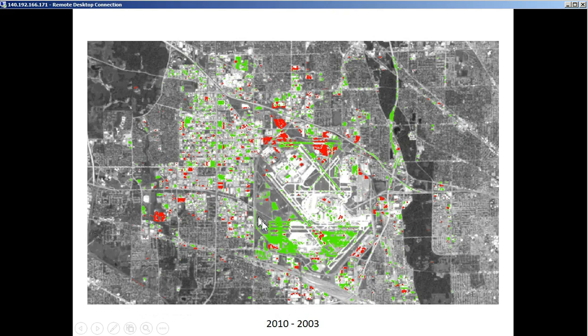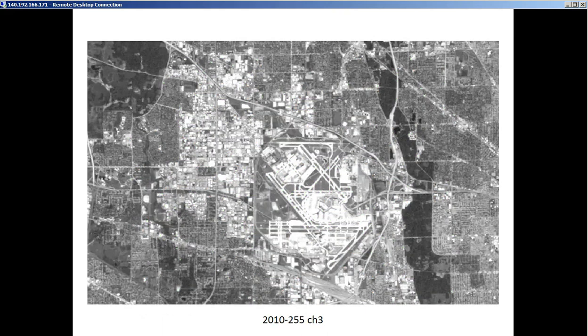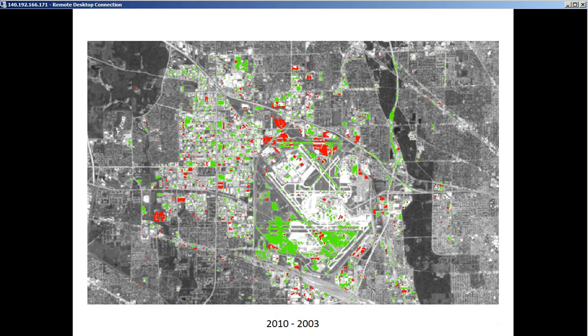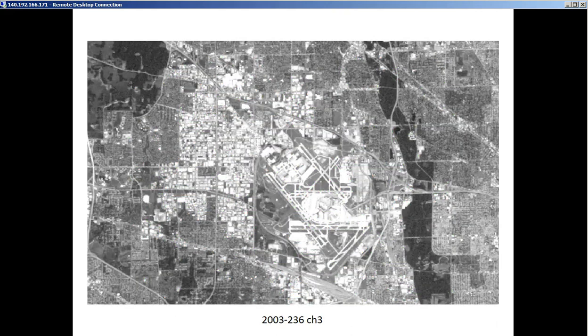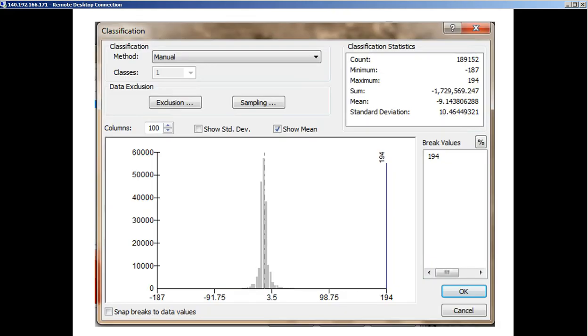Now we've classified that difference image. How did we do that? In this instance, the green areas are areas that got brighter, see them? And the red areas are areas that got darker. See them?